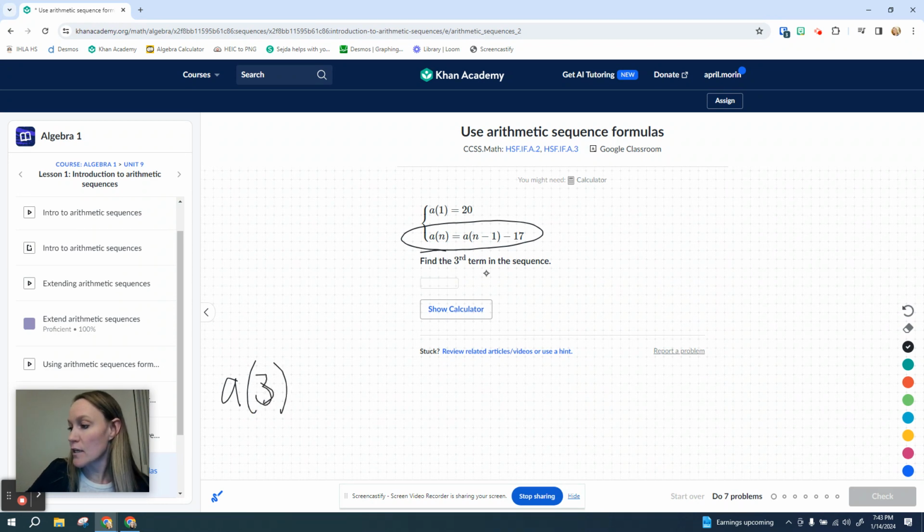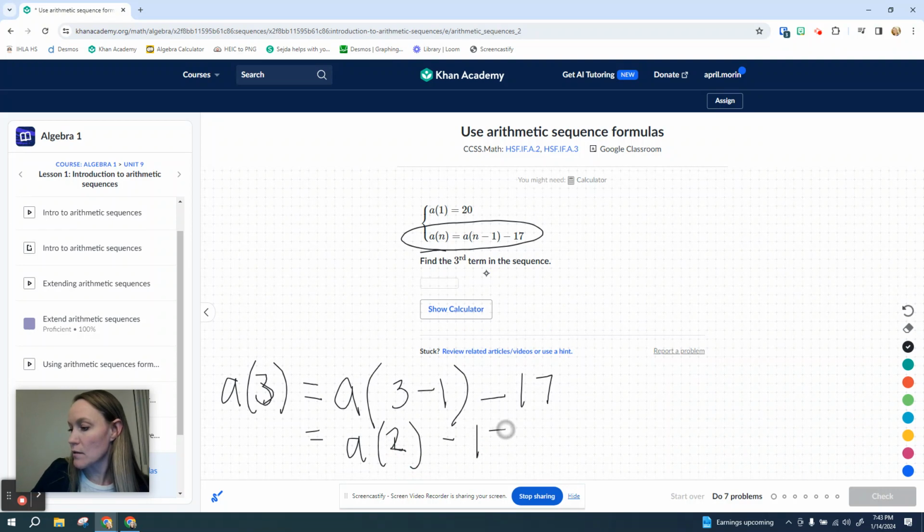A of 3 equals A, and then n minus 1. So n is 3 here. So 3 minus 1, minus 17. So this equals A sub 2, A of 2 minus 17.